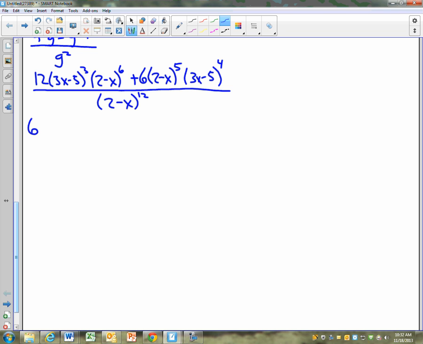And out of 3x minus 5, how many of those should I take out? I should take out 3 of them. This one has 4 of them. So I could take out a 3x minus 5 to the third, and I could take out a 2 minus x to the fifth.